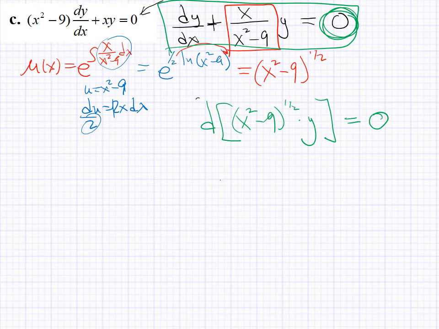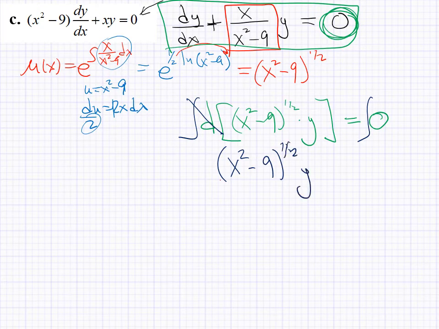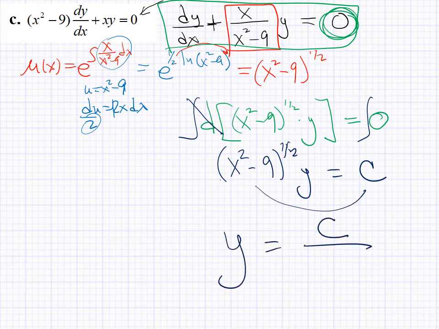Then I'm going to integrate both sides, canceling, giving me x squared minus 9 to the 1/2 times y equals c. I'll divide this over, and I get that y equals c over x squared minus 9 to the 1/2.